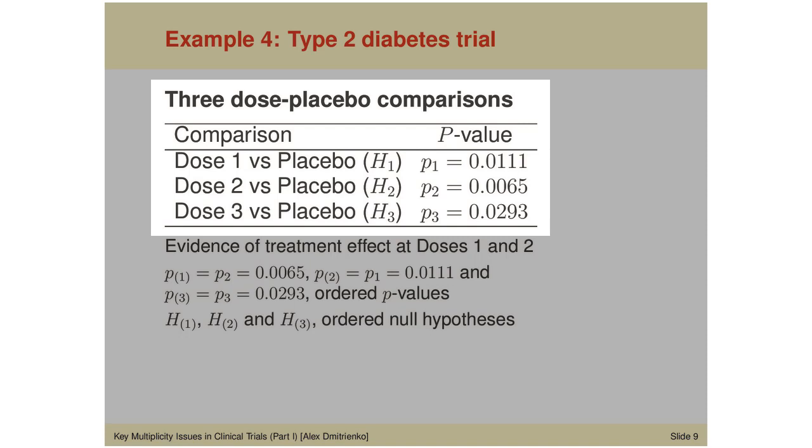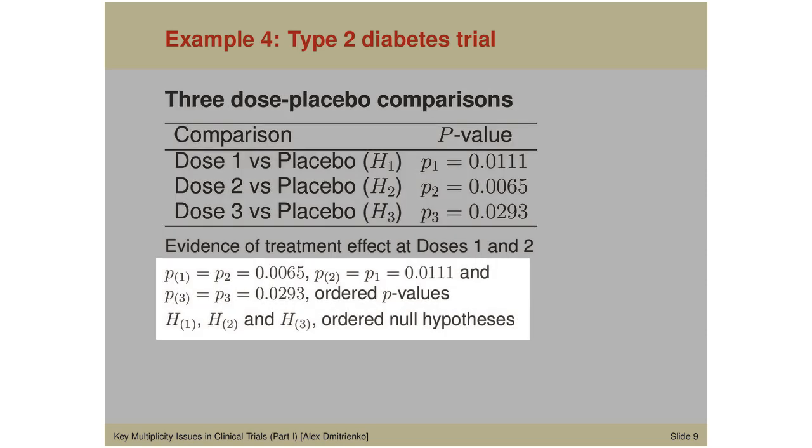We will use those p-values as part of the decision rule utilized in the Bonferroni procedure, but to be able to carry out the Simes global test, as I explained on slide 8, we will need to define the ordered p-values. Those p-values are shown below the table.